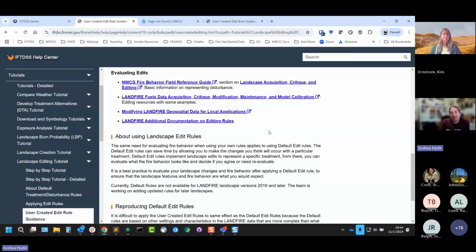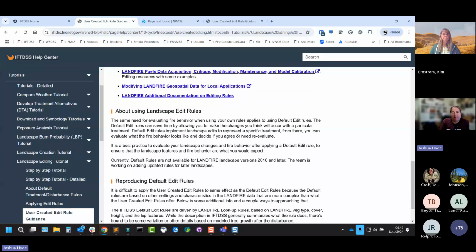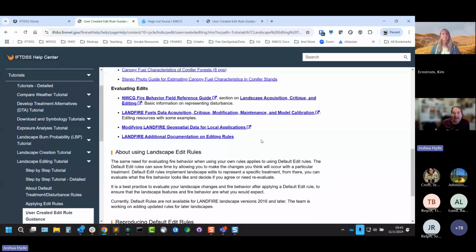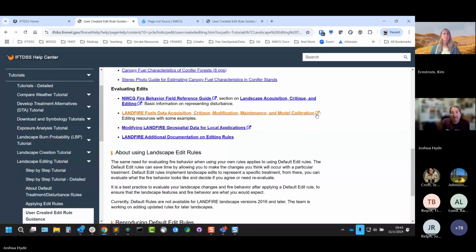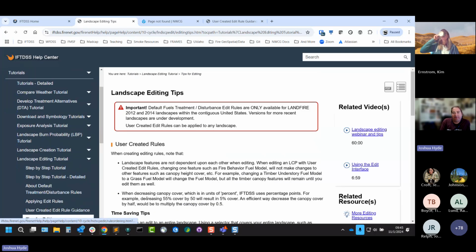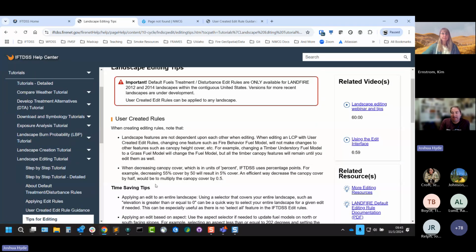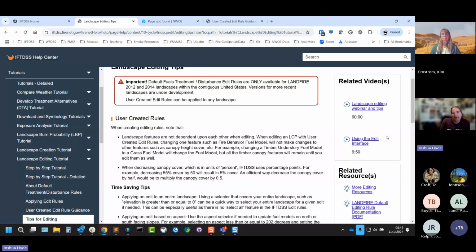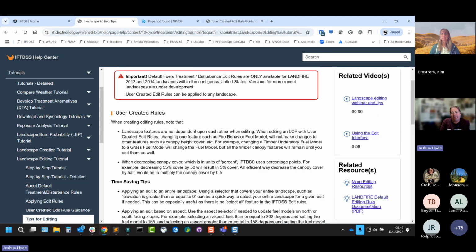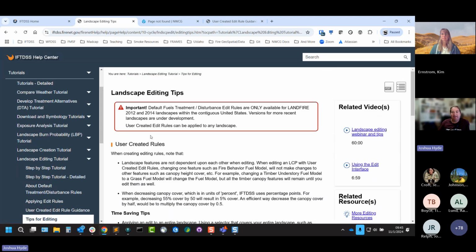And also got some LANDFIRE information in here as well. So we tried to gather as much helpful information as we can. And then another helpful thing here is our tips for landscape editing. Got some webinars and how-tos up here, and just some helpful tips in terms of working in IFTDSS.